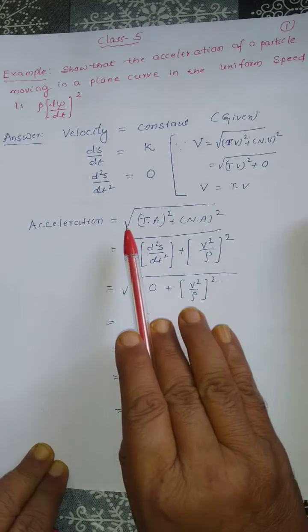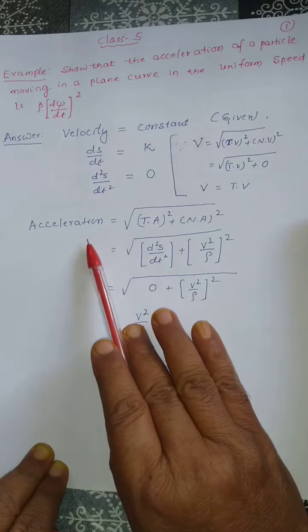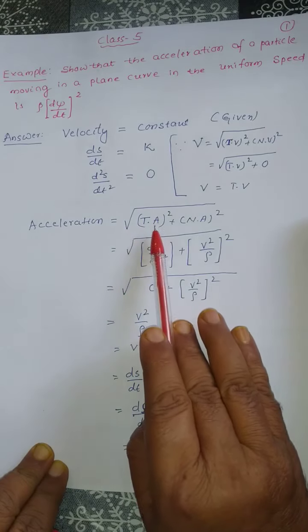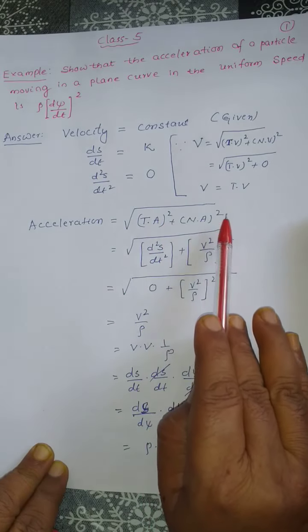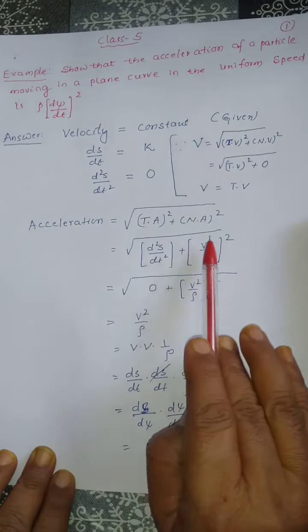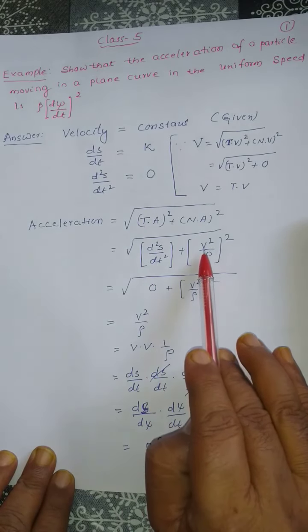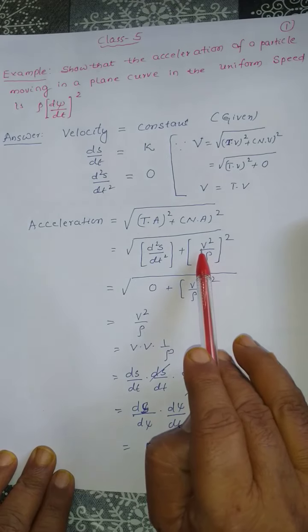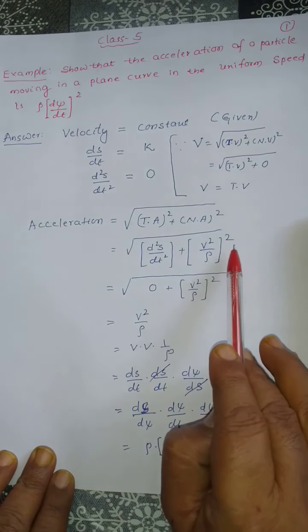So the resultant acceleration is the root of tangential acceleration square plus normal acceleration square. That is the root of (d square s by dt square) square plus the normal acceleration formula, v square by rho, whole square.